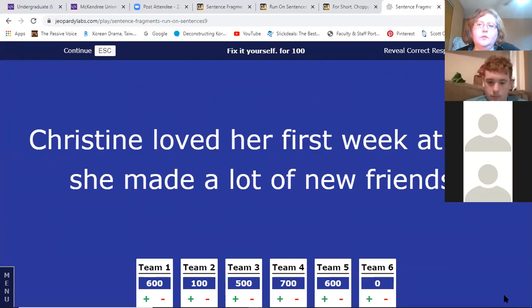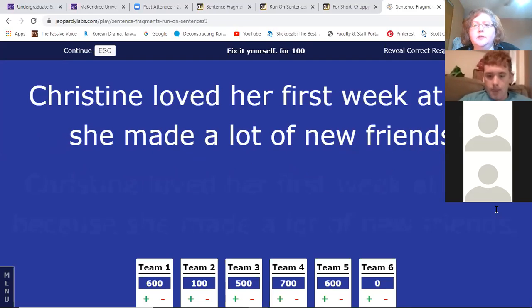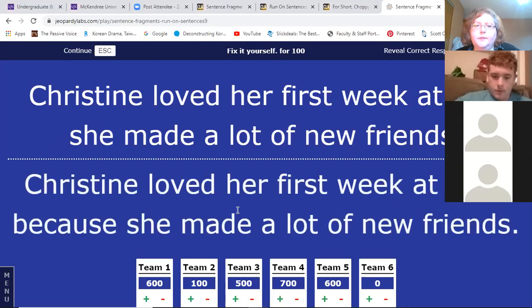Would you put a semicolon after APU? That would be an excellent idea. Yes, you put a semicolon there, you can put a comma and a fanboy there. That is the right place to divide it, yes. This is the way they fixed it. Although this comma is wrong. They should not have that comma there because this is not a fanboy. They don't need the comma.